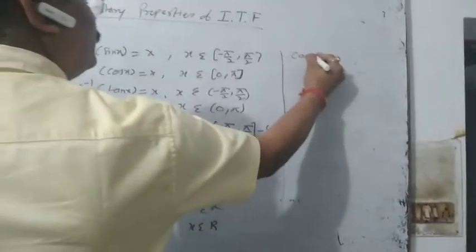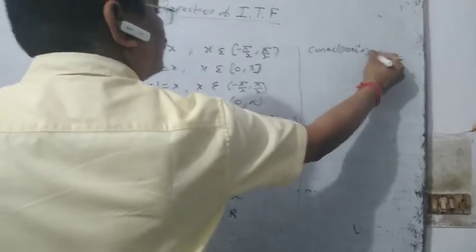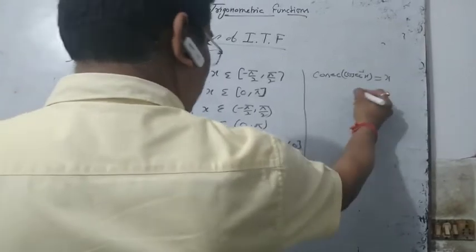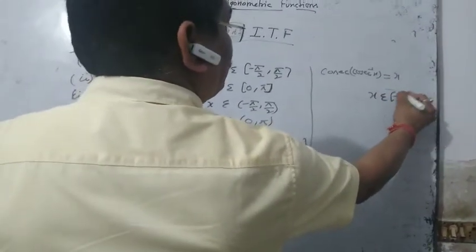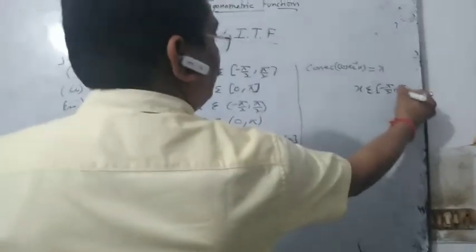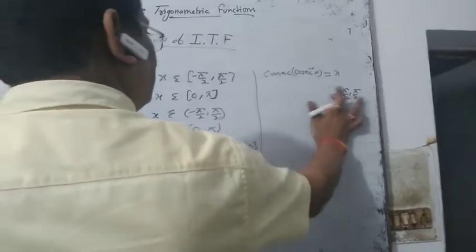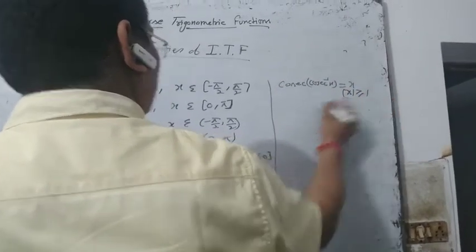Next, cosec of cosec inverse x is equal to x. Here, the principal branch of x is minus pi by 2 comma pi by 2. It means that mod of x is greater than or equal to 1.